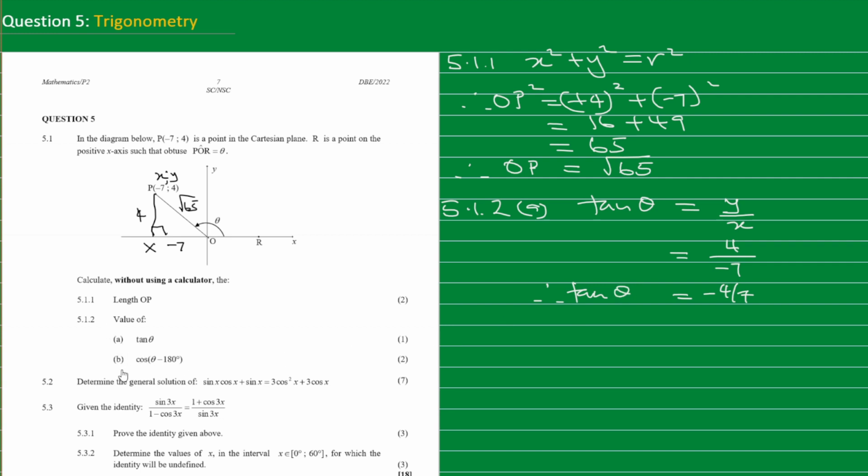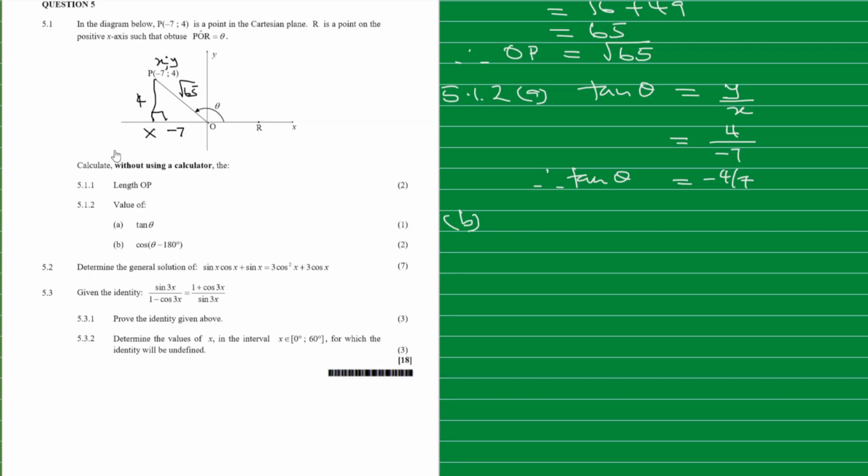5.1.3, calculate the value of cos (theta minus 180). Here you realize that this is a reduction formula. We have to use the reduction formula. So first of all, let us reduce cos (theta minus 180).